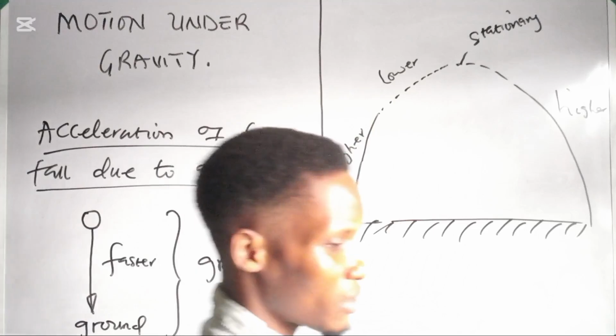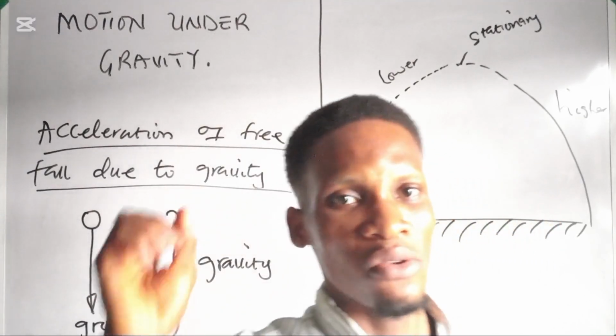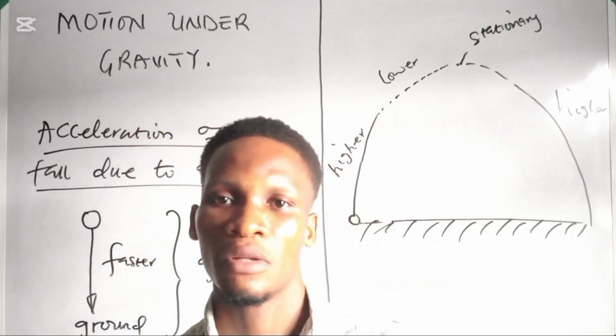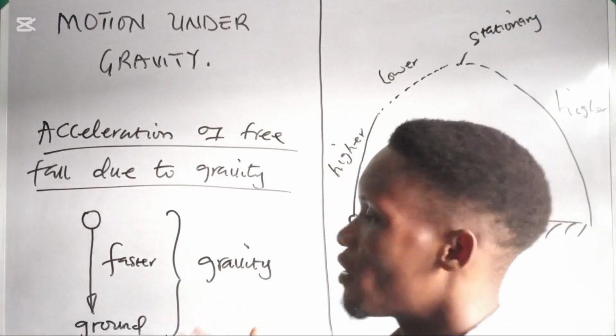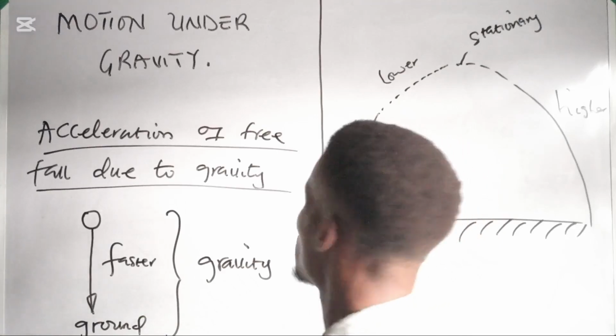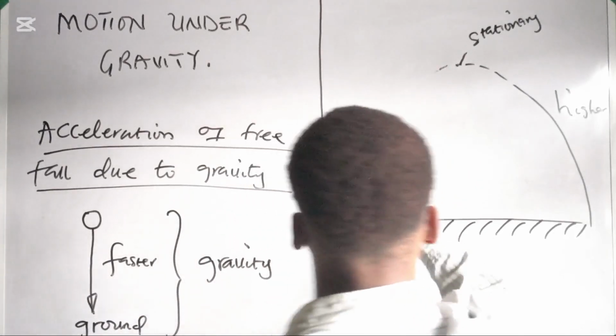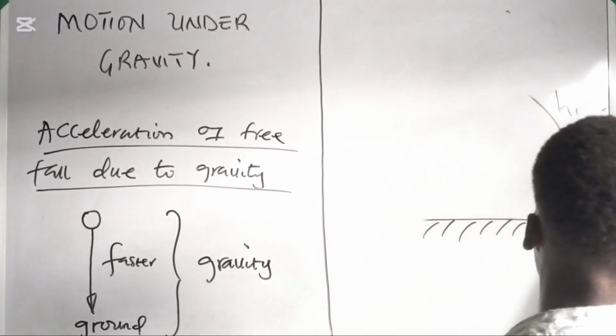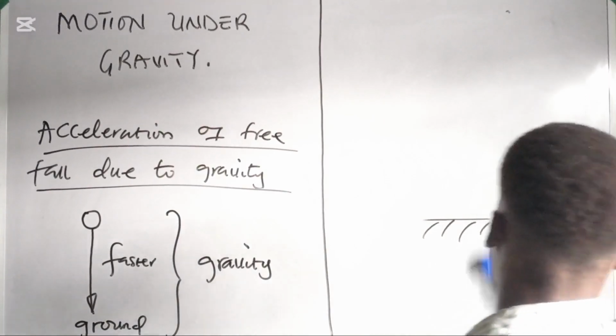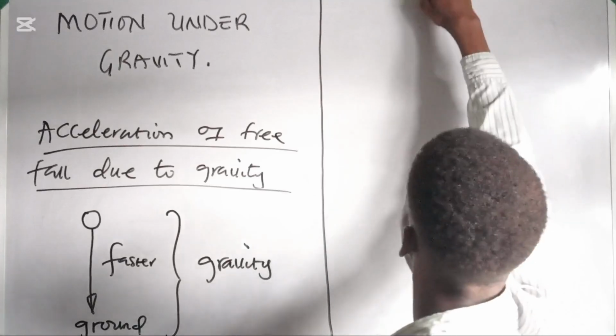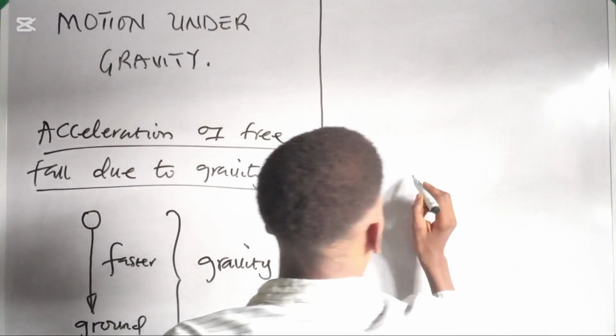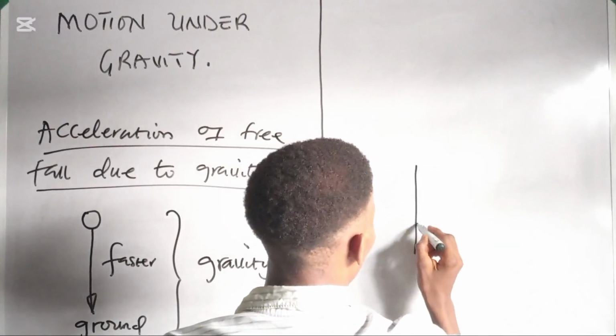But there is an instance I'm going to give you when you are using a feather. The weight of a feather and that of a stone are not the same. So let's say we have a feather and I'm holding a feather just the way I held the stone.